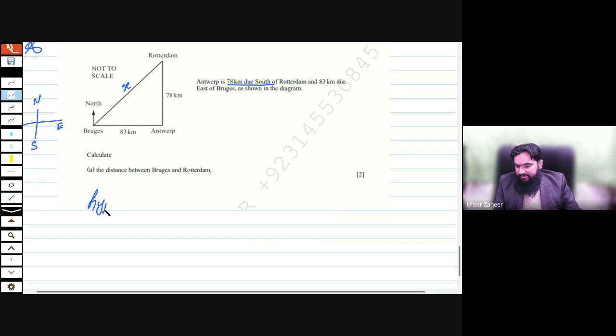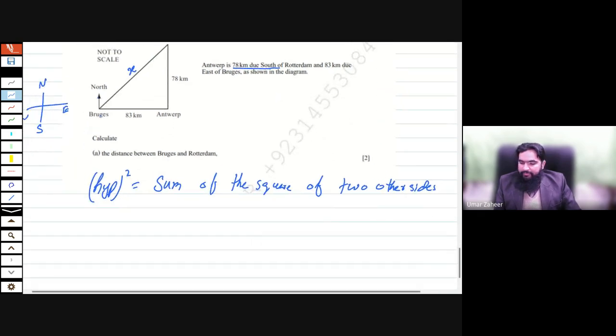theorem states that the hypotenuse square is equal to the sum of the squares of the two other sides. You have to memorize this. Now, what is the hypotenuse here?